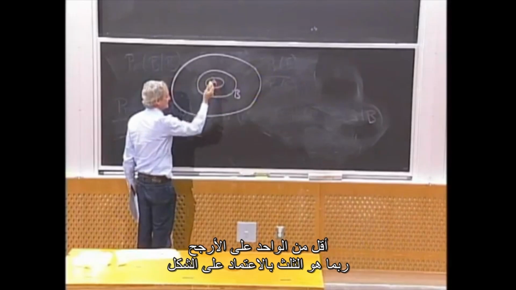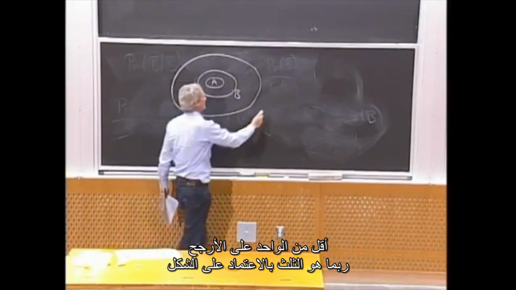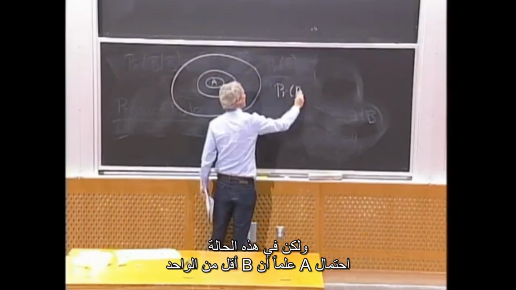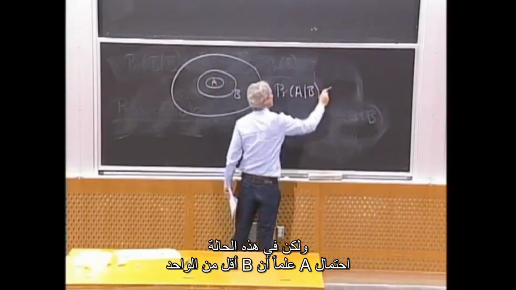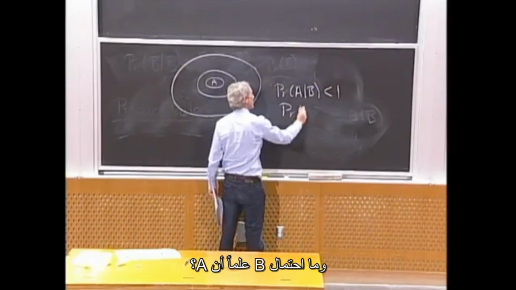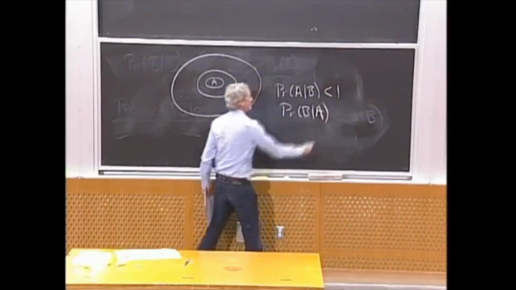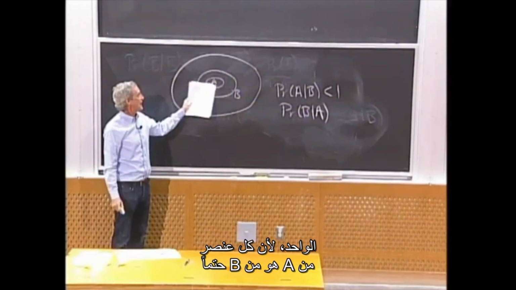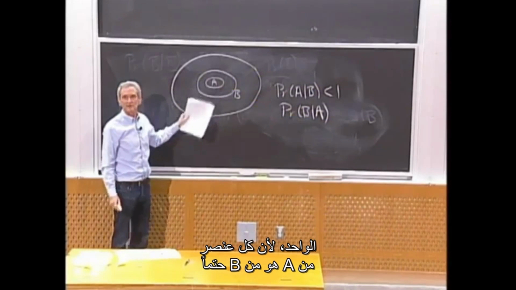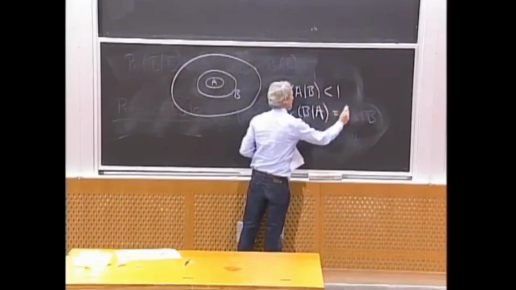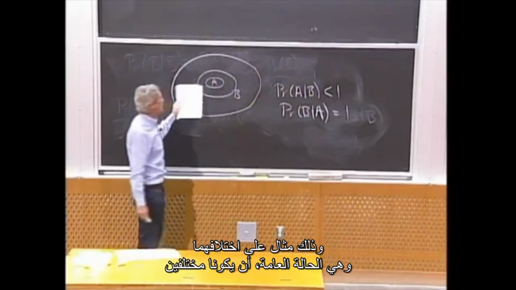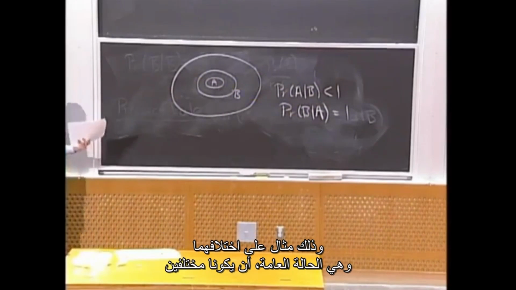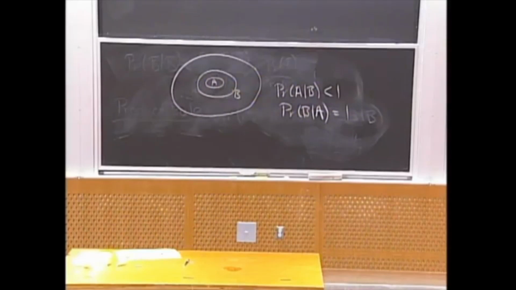Might be a third if it was uniform, as I've drawn it. But in this case, the probability of A given B is less than 1. What's the probability of B given A? 1. Because if I'm in A, I'm definitely in B. All right, so that's an example where they would be different. And that's the generic case. They're different.